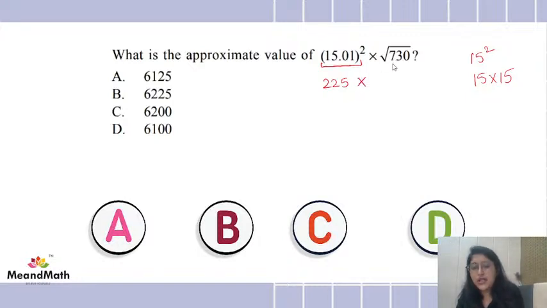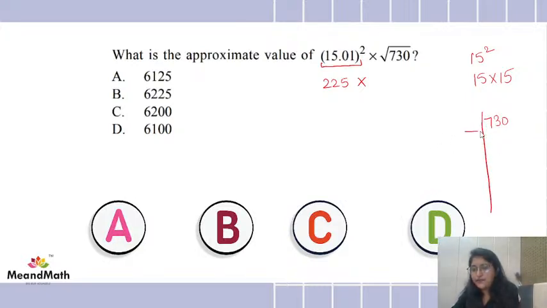And can you tell me about the square root of 730? Anyone? How will we find the square root? Let's do the prime factorization of 730. Do you know about prime factorization?